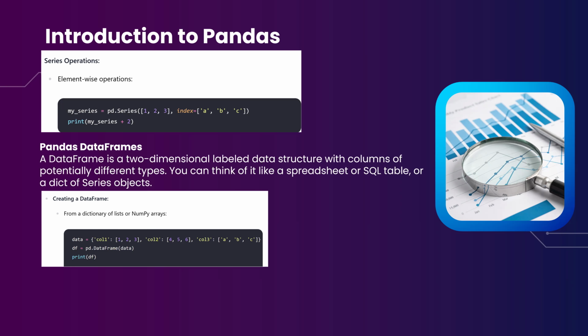So we are trying to create a dictionary of lists, so creating a data frame from a dictionary of lists or NumPy arrays. We looked at dictionaries yesterday. So I believe we know that this data is a dictionary with keys. How many keys do we have here? Can someone let me know the keys in this dictionary?